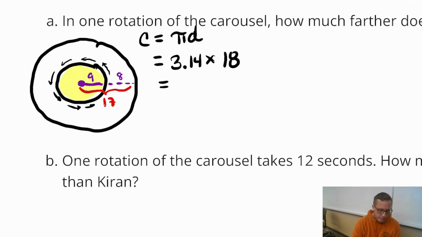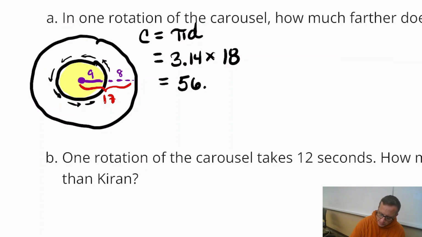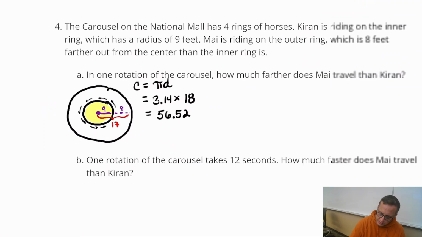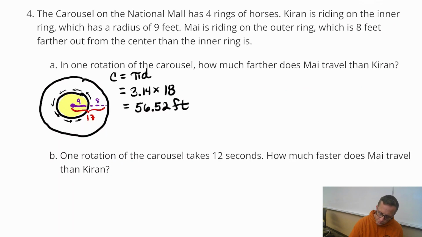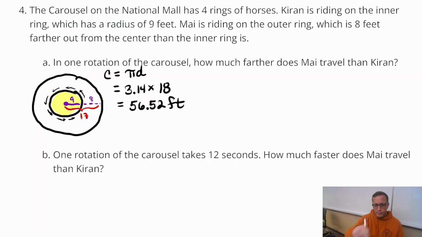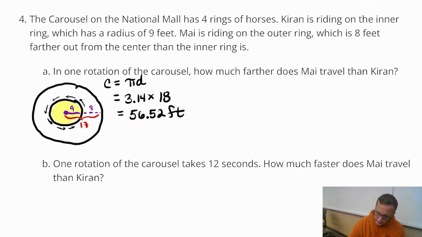And it looks like Kieran went 56.52 feet. So that's one rotation of the carousel. It went once around. Again, that is Kieran. I'm going to make sure you know what that number refers to, and those are Kieran's figures.